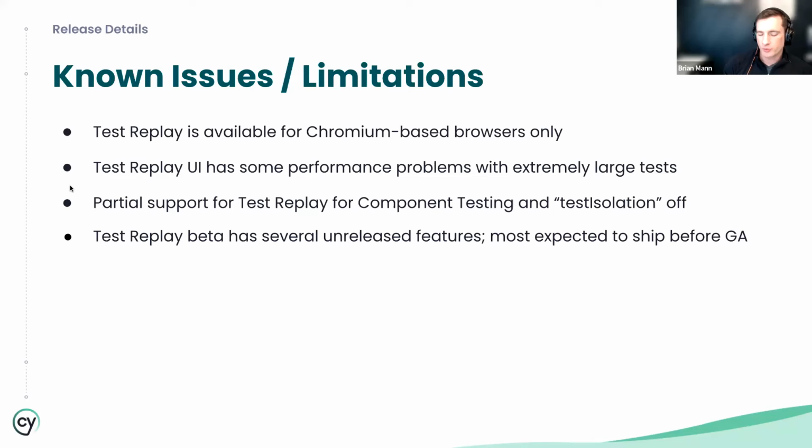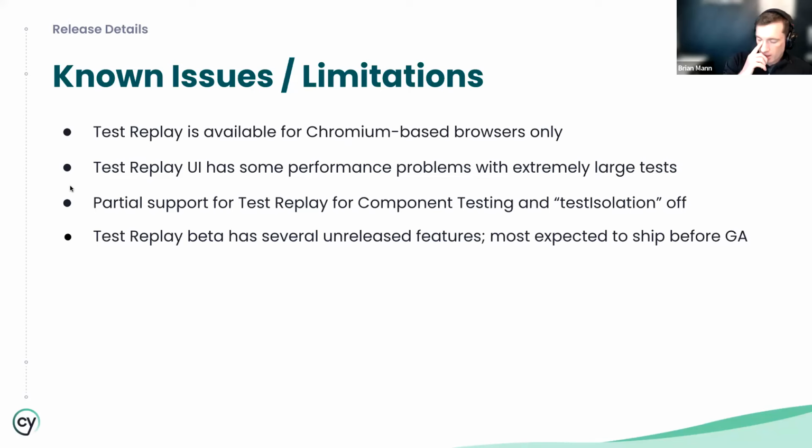Because your tests are completely unbounded, we have people that write tests that go on for way too long, and there are situations in which just the sheer amount of data that we collect can lead to some performance problems. Those are already understood, they're recognized, and over time we'll be ironing those out.